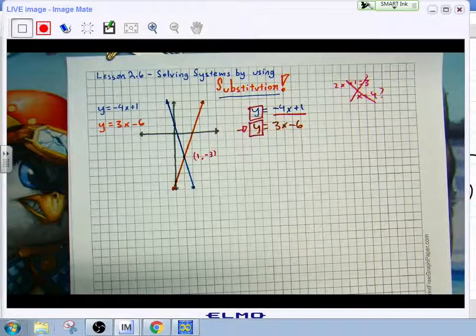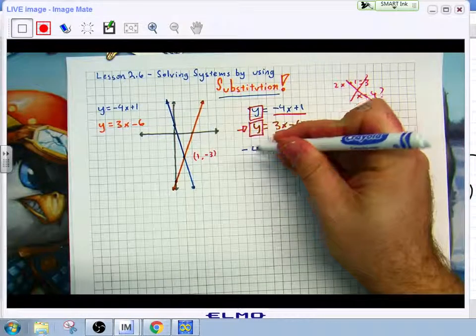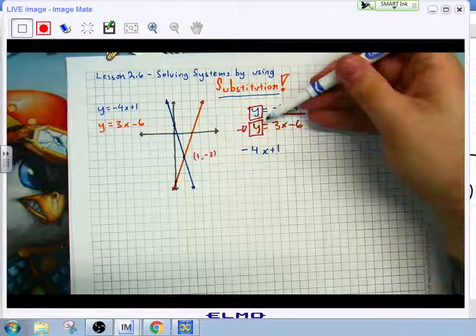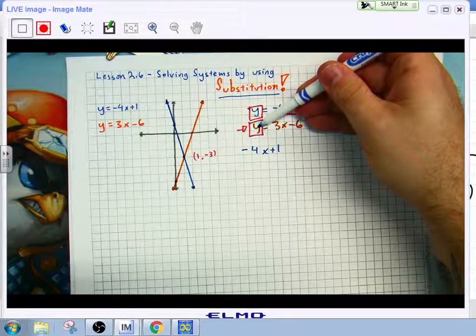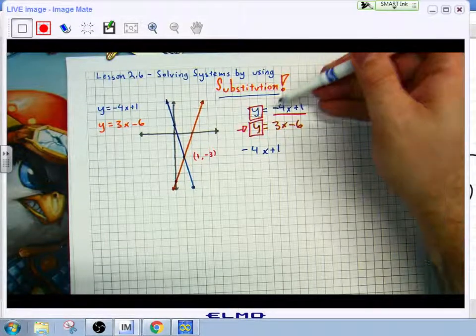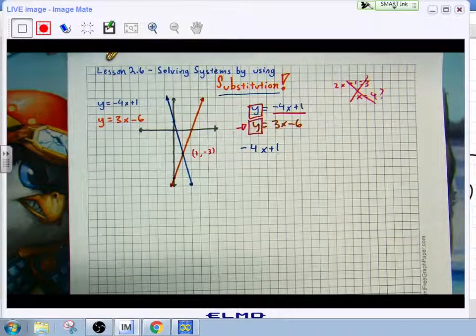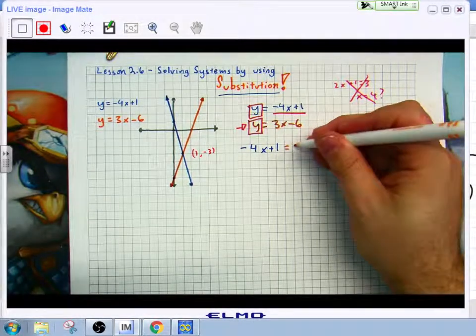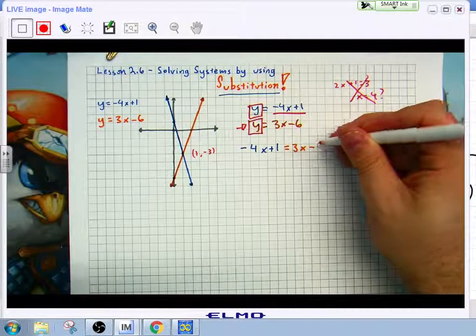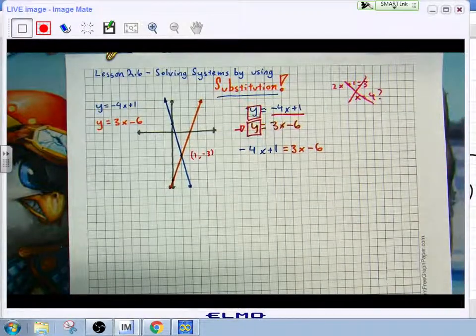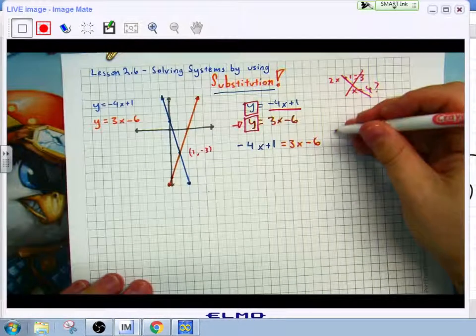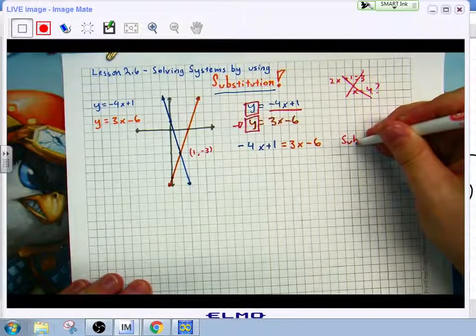So what I end up with is -4x plus 1. All I'm doing is instead of writing y, I'm writing -4x plus 1, because -4x plus 1 is the same thing as y. And I can set that equal to 3x minus 6. This is the substitution step.